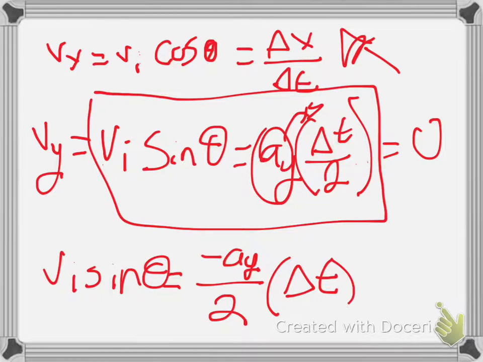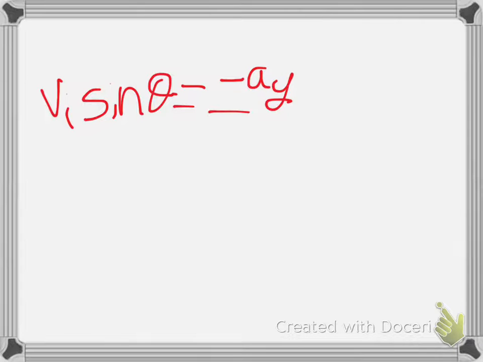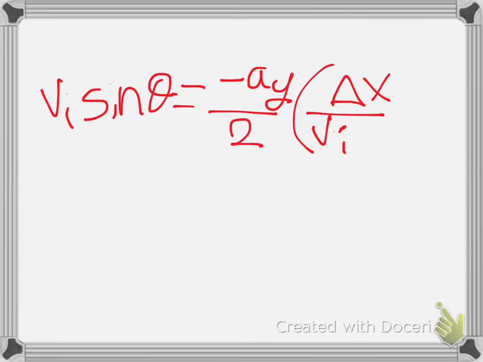It's the process of getting this time out of the fraction and by itself so that we can multiply, which makes that acceleration negative. Then we can sub in for time here. So we have velocity initial sine of theta equal to negative acceleration of y over 2 times our time, which we are subbing in the previous equation for.